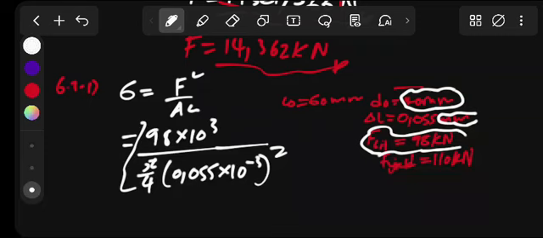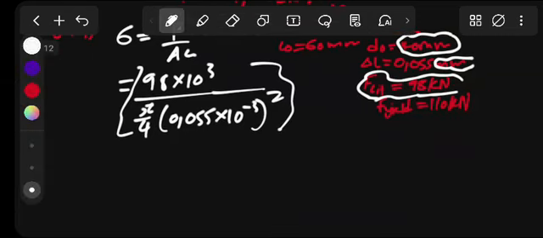Then let us punch this and check what we will have there. Let me punch 98 times 10 to the power of 3, isn't it?